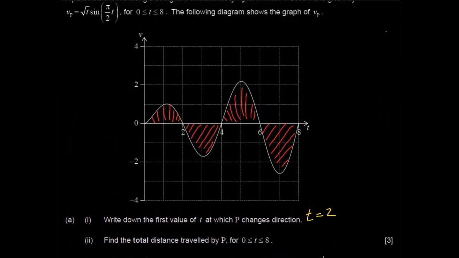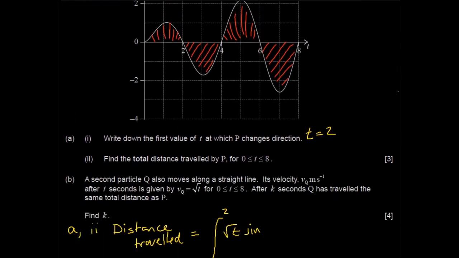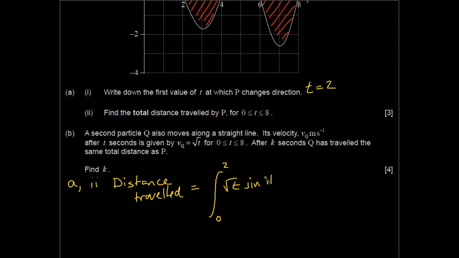Is it pi over 2t? And then I'm going to need to subtract the one between 2 and 4, so we're going to subtract between 4 and 2 because that answer would be negative, root t sine pi over 2 t dt.